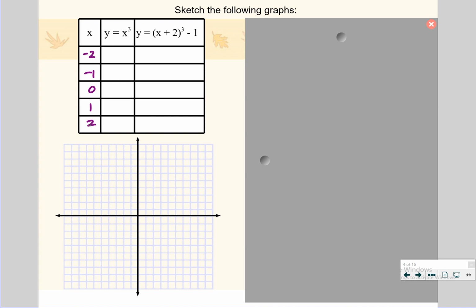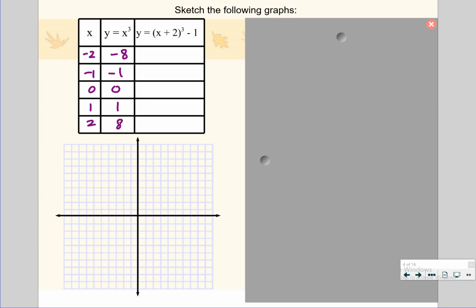So -2 to the third power, what does that give me? -8. -1 to the third power. -1. 0 to the third power. 0. 1 to the third power. 1. 2 to the third power. 8.